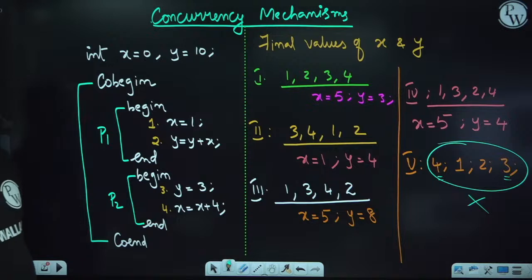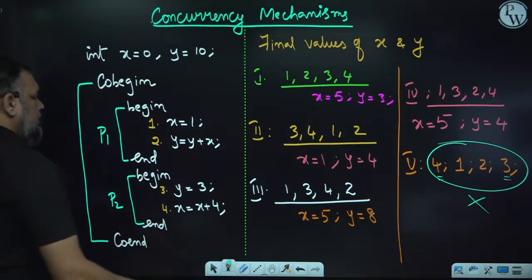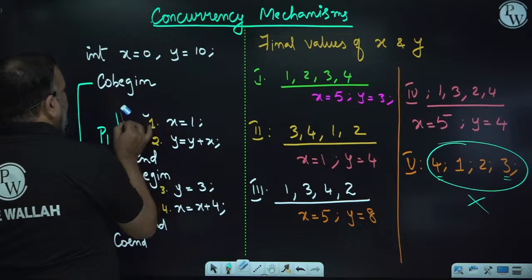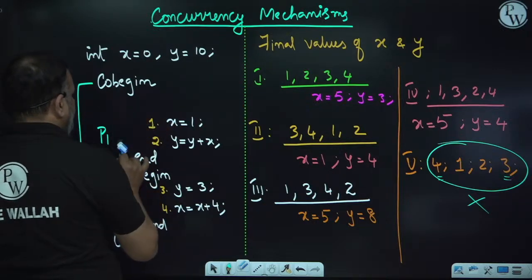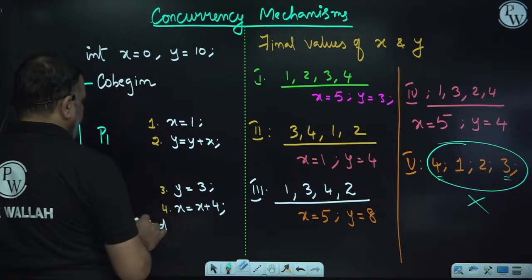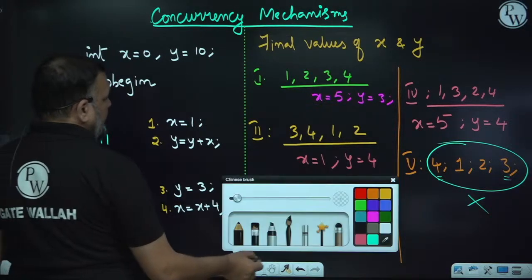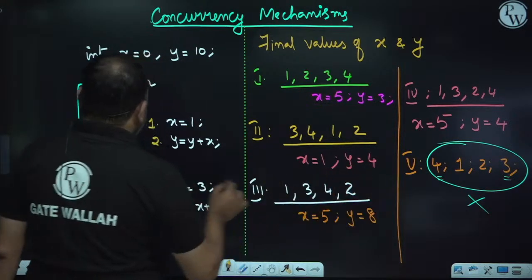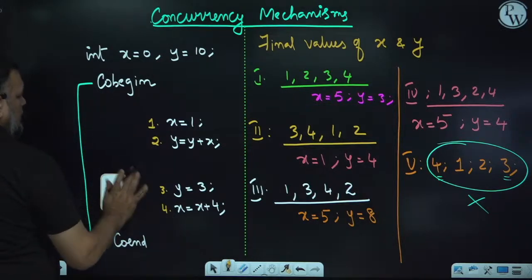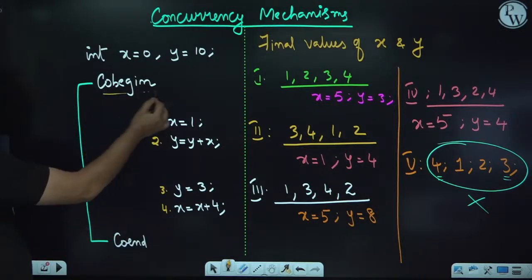Then I ask one more last question before I go to the next topic. Check here. Suppose I remove this begin and end, that means I have 1, 2, 3, 4. There is nothing like P1 and P2 now. 1, 2, 3, 4 enclosed in co-begin and co-end.